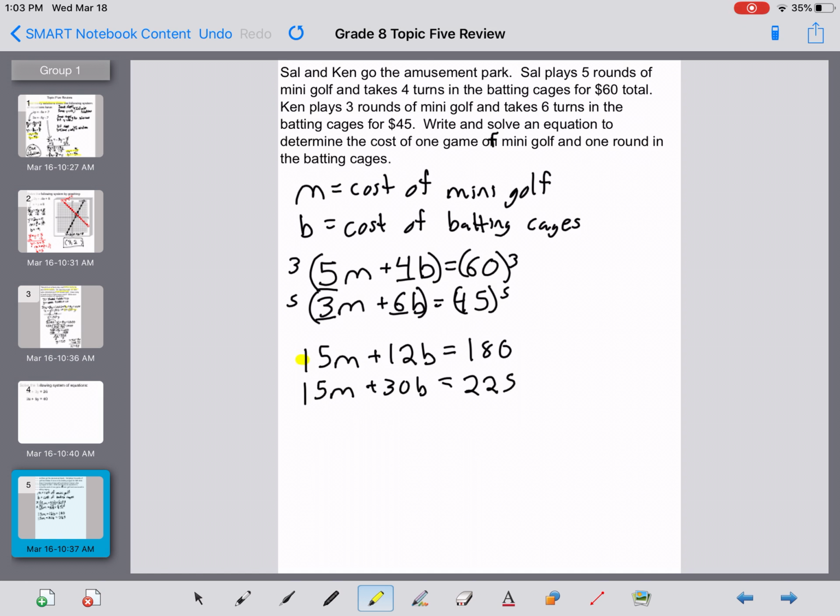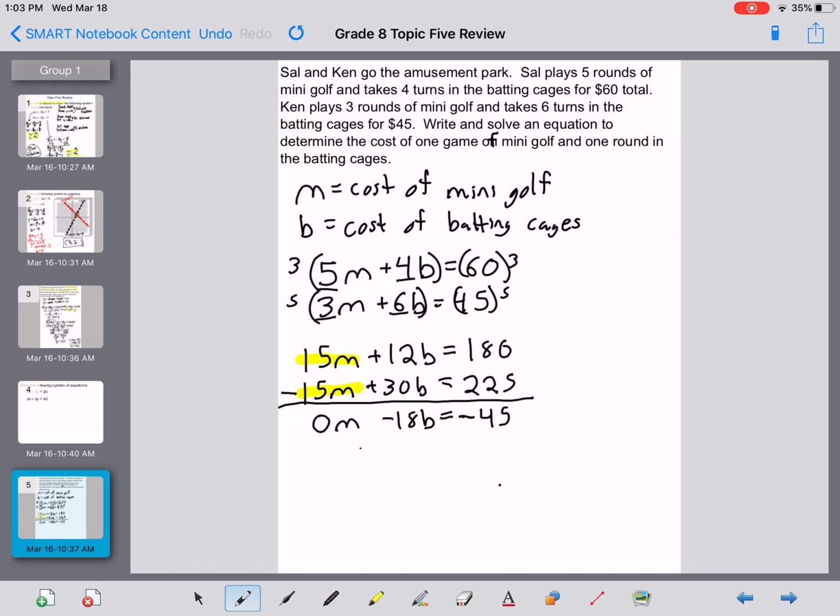Now, my m's have the same coefficient. They are also both positive, so they have the same sign. Same sign means I need to subtract. 15m minus 15m is 0m. 12b minus 30b is negative 18b. And 180 minus 225 is negative 45.